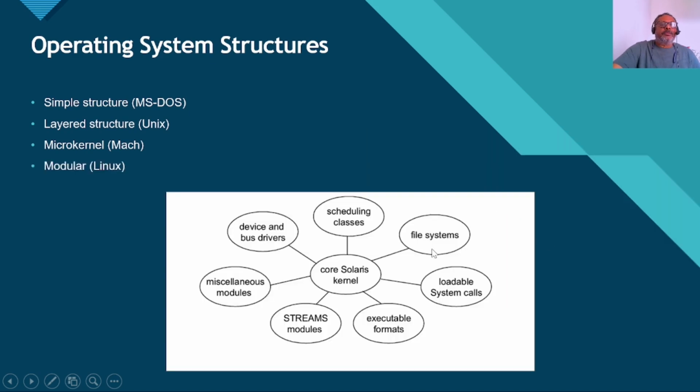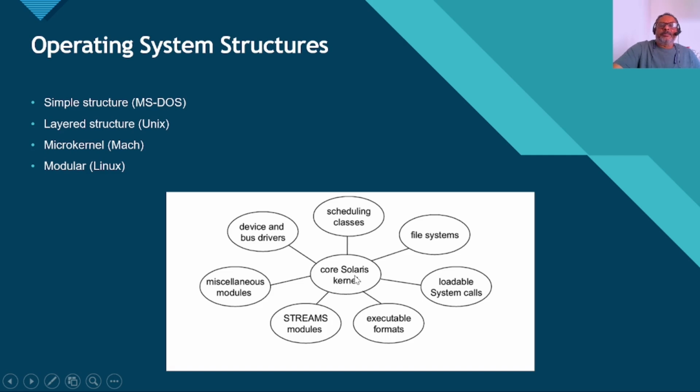And then we have the modular structure, again that's a Linux version, where a core kernel is created, and then all the device drivers and other things are put as various modules.